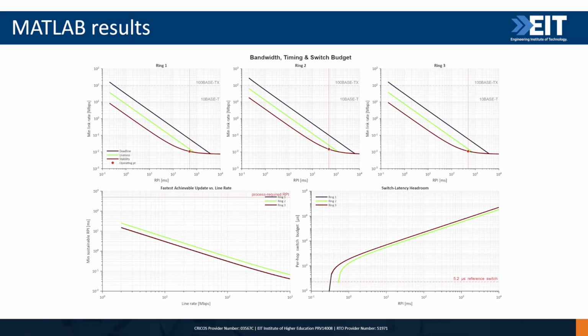The link rate was spanned from 2 megabits per second to 1 gigabit per second for the minimum sustainable RPI. And again, this just shows that everything is well within range. And for the bottom right, where the reference switch was 5.2 microseconds, this becomes more of a demand constraint. But still, the switch latency only becomes binding at sub-millisecond RPI.